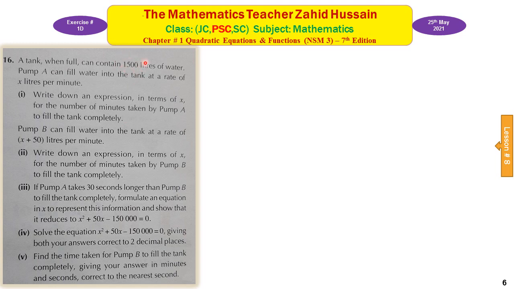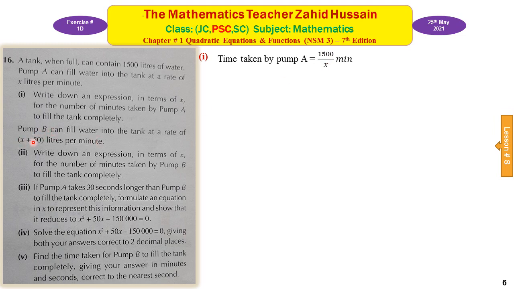The total amount of water that can be filled is 1500. In 1 minute, x liters of water is filled in the tank. So the time taken by pump A to fill the tank is 1500 over x.